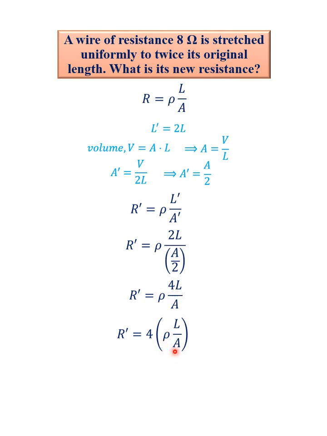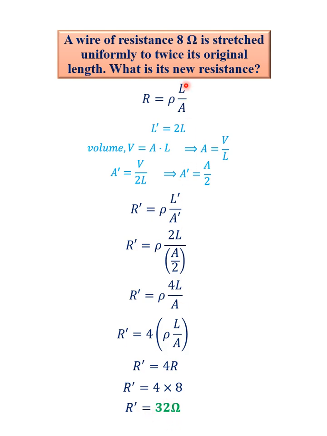Now take a look at something. Rho L over A is given as the original resistance. What it means is that the new resistance is 4 times the original resistance, which gives us 4 times 8. And the final answer for the new resistance is 32 ohms.